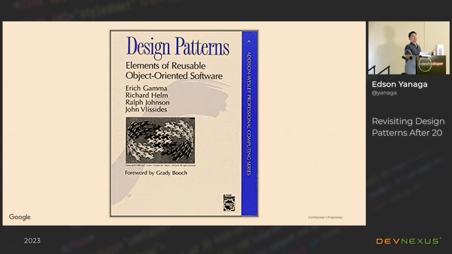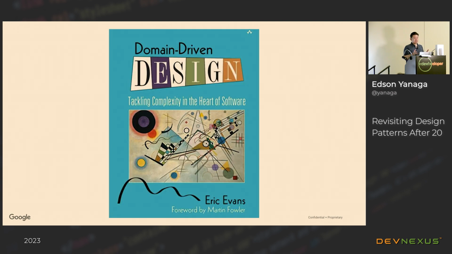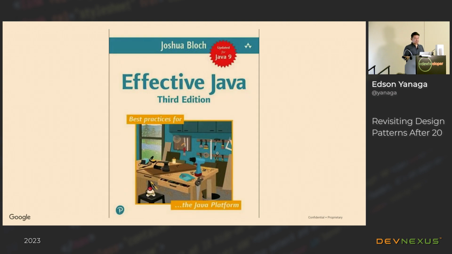So some of the content is outdated, some is not, but the ideas are here to stay. Also, I took some ideas from the domain-driven design book. And why not? Effective Java. I also have a talk about revisiting Effective Java, where we talk about the latest and greatest features of the last version of the book. And I'm going to reuse some of these concepts in this talk.